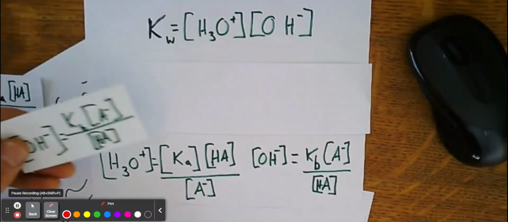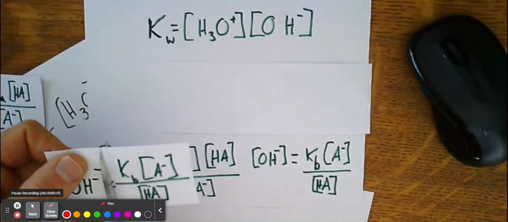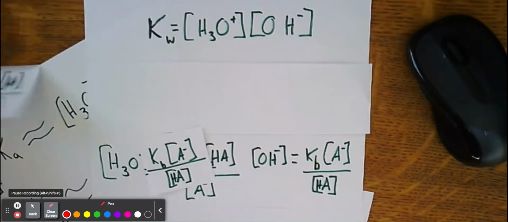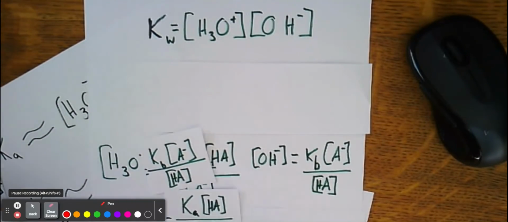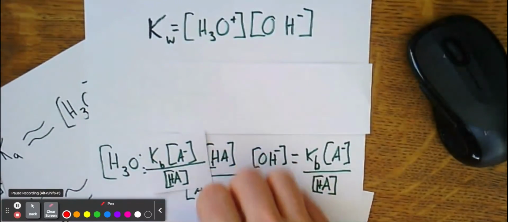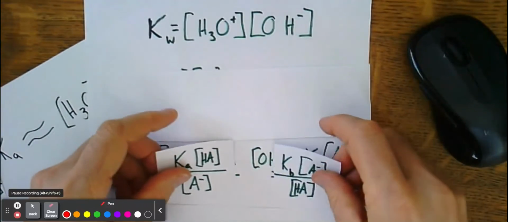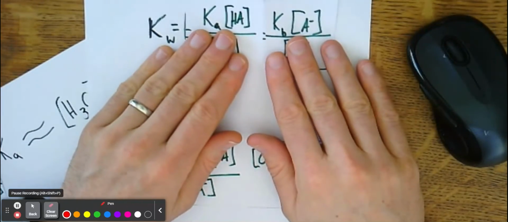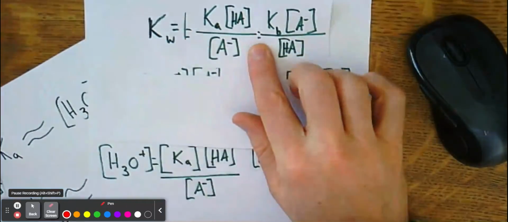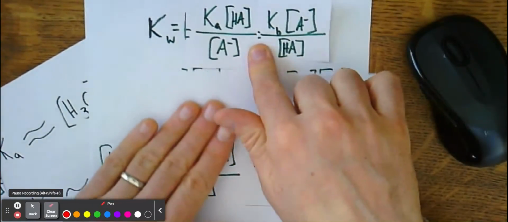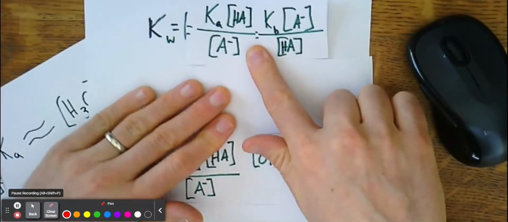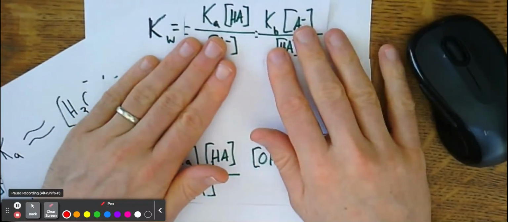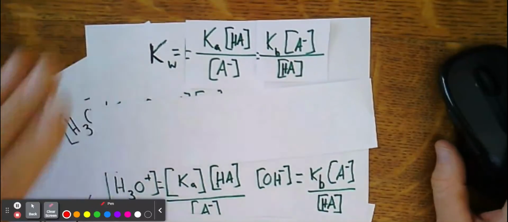Now what I can do is substitute my proportionalities. I just made that, and I can substitute them in here. Now let's see what happens.